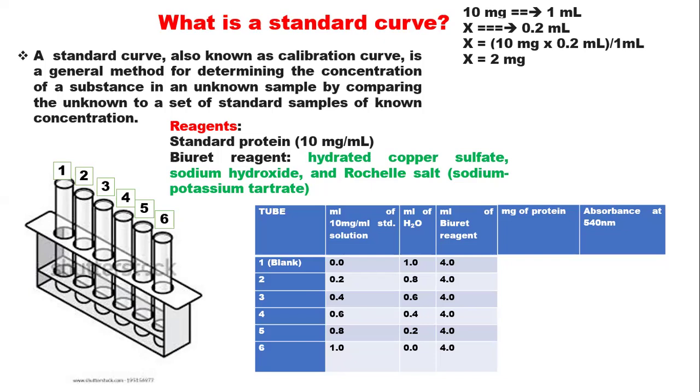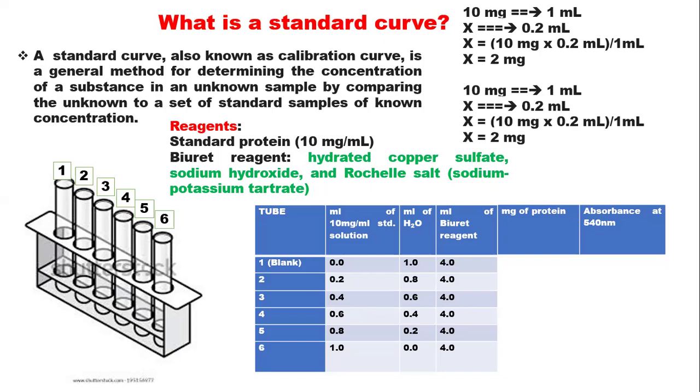So if 10 milligram is present in 1 mL of solution, how many milligram, that's X, will be present in 0.2 mL? That's for tube 2. So for tube 2, the amount of the protein will be 2 milligram. You record your 2 milligram for tube 2, while your blank will have 0 milligram because it does not contain any protein. You understand?